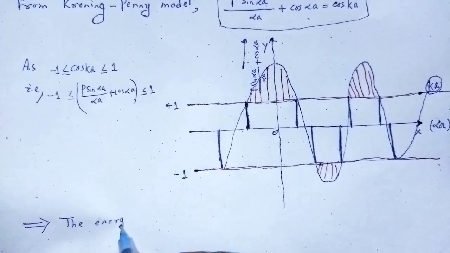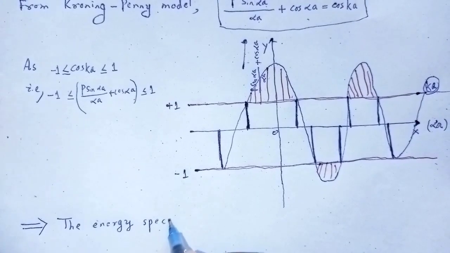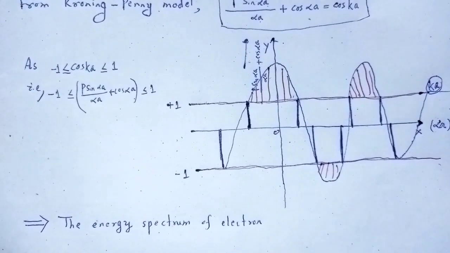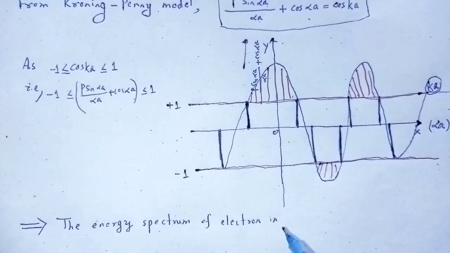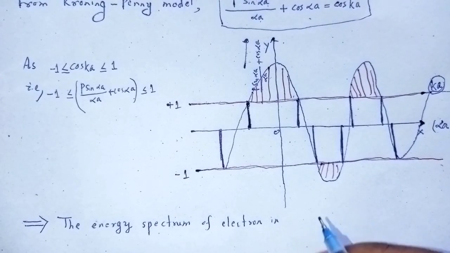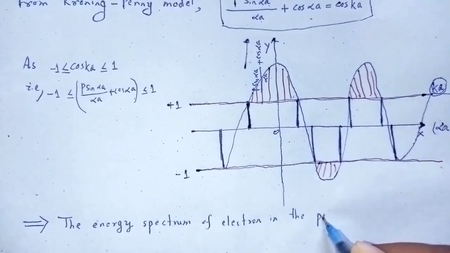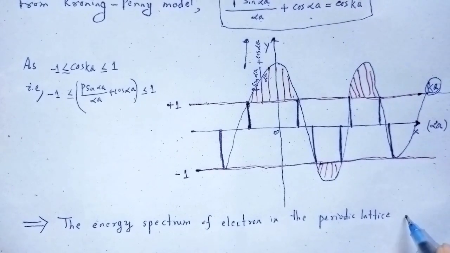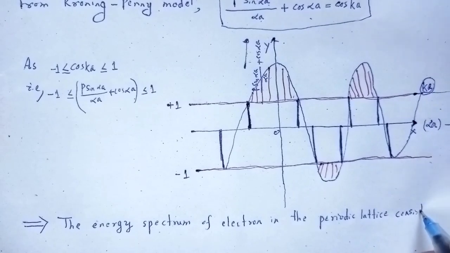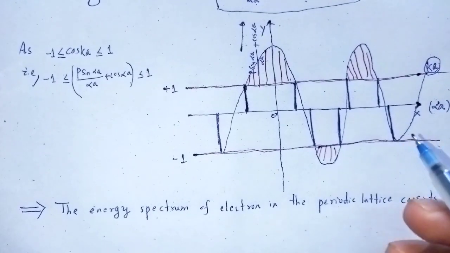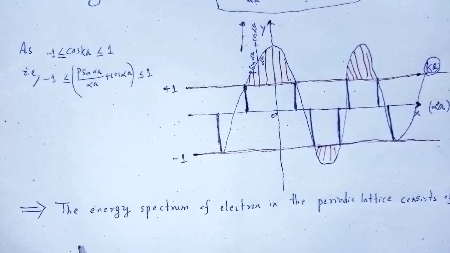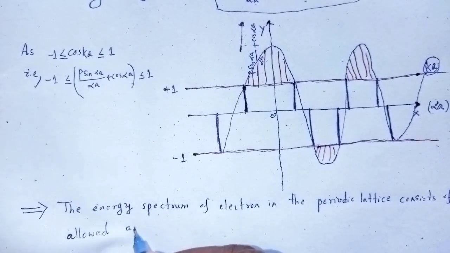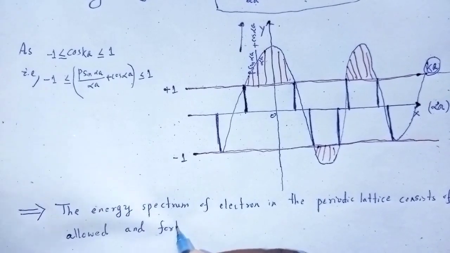The energy spectrum of an electron in a periodic lattice consists of allowed as well as forbidden bands.